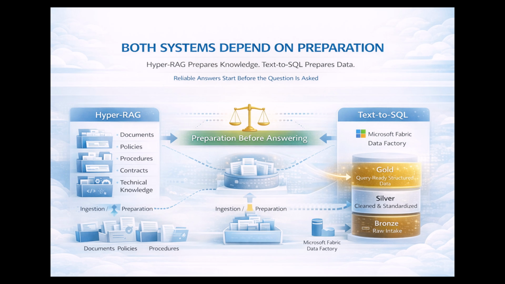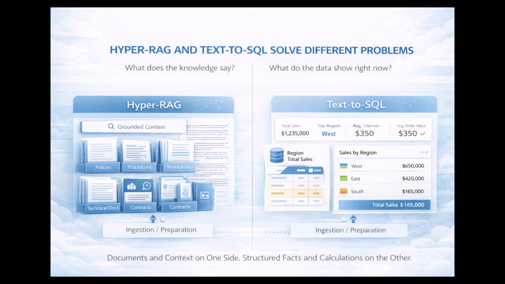Now we come to an important question. How is Text-to-SQL different from Hyper-RAG? At the simplest level, these two systems solve different kinds of problems. Hyper-RAG is excellent when the answer needs to come from documents, procedures, policies, technical documentation, contracts, any larger body of textual knowledge.